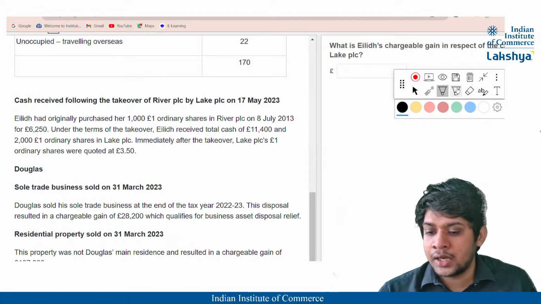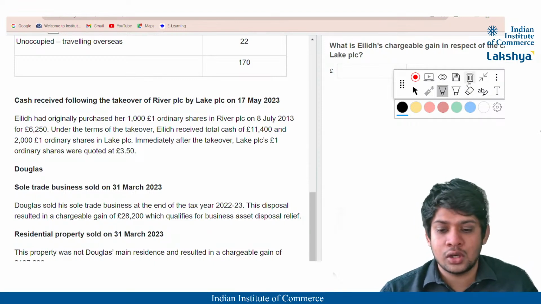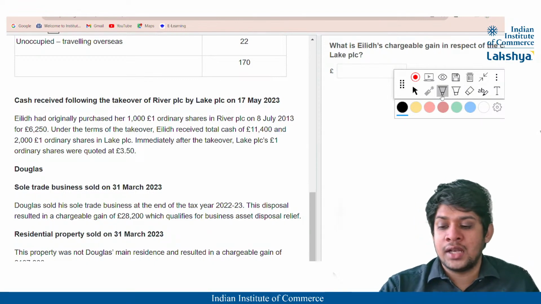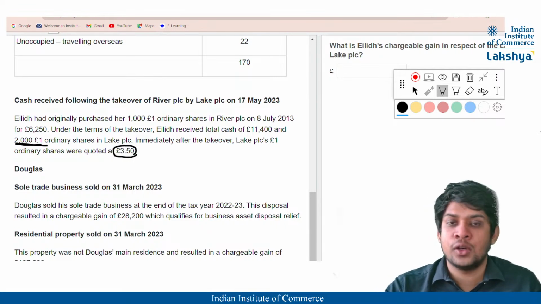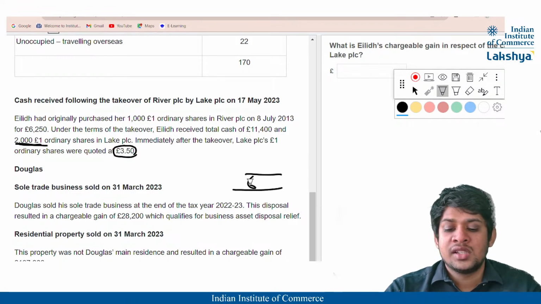Just let me check if it's correct. Okay guys, I'm so sorry. We made a genuine mistake here. The shares that she got for £1, the value of those shares was not £1, the market value was 3.50 pounds. Just remember that one thing. So technically the market value changes here guys. 6250 is your total cost.